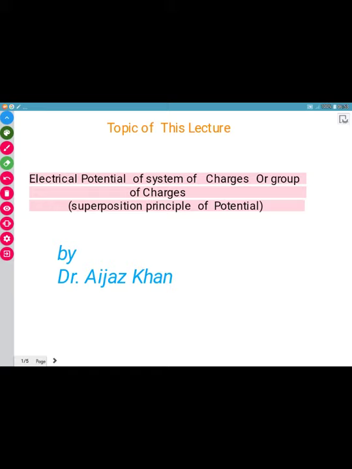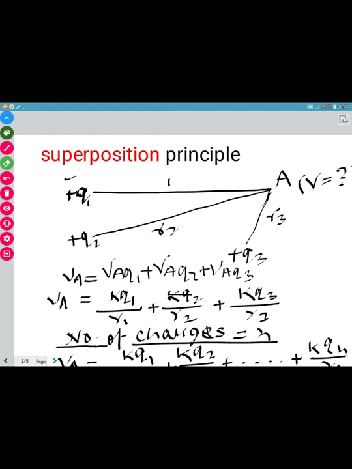Today, the topic of this lecture is the electric potential of a system of charges, or a group of charges. In other words, it is also known as the superposition principle of potential. So let's see what the superposition principle of potential is.